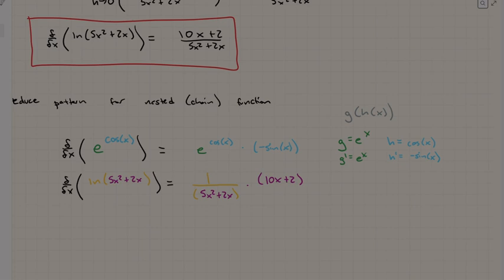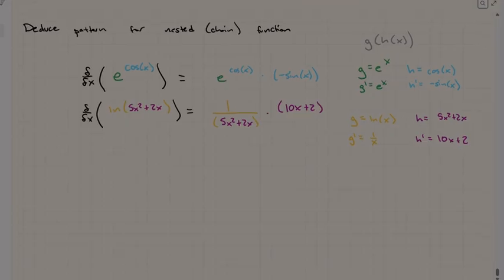All right. Now, similarly with the ln example, our g function, the main function, would be ln of x. And then we've plugged in h, 5x squared plus 2x, as the value of x in g. So it's g of h of x. Then g prime would be 1 over x. h prime, by the power rule, would be 10x plus 2.